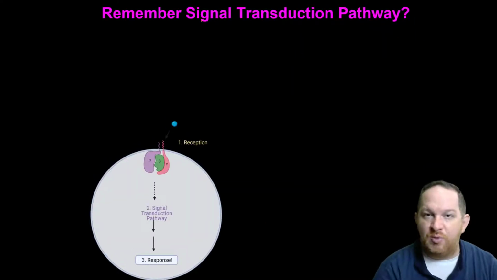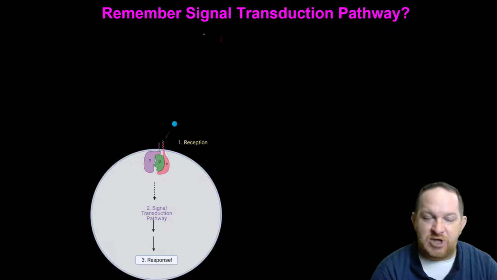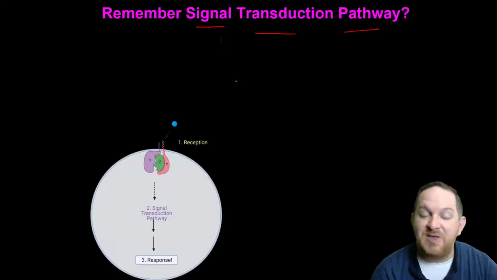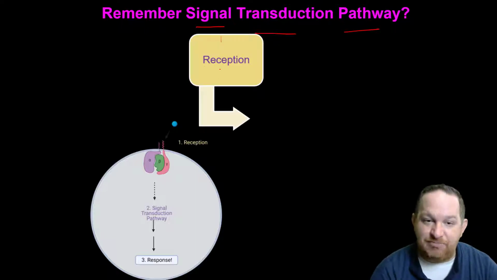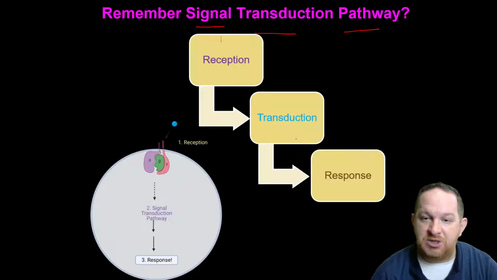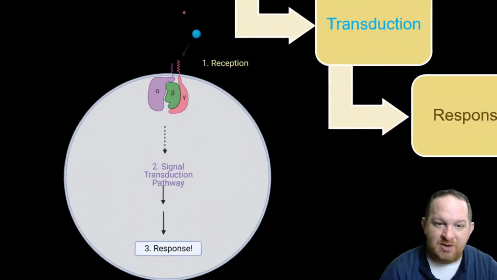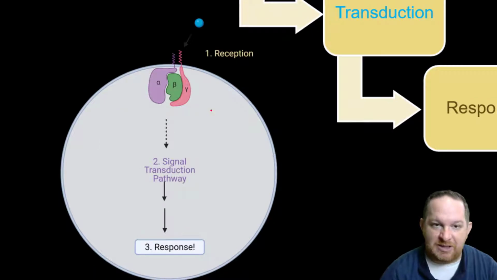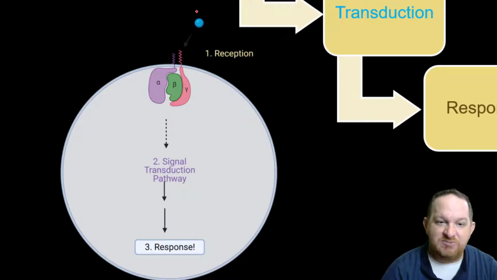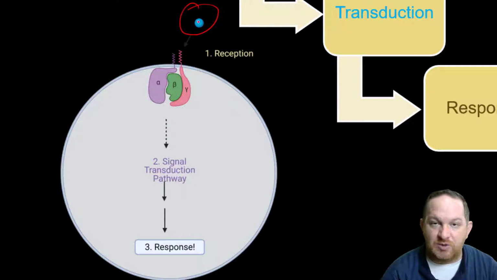So you may remember we talked about many chapters ago this idea of the signal transduction pathway. That is how we have a reception, a transduction, and then a response. Okay, so think back. You may remember everything's cellular. So we have some sort of signal, maybe it's a ligand, that binds to a receptor protein.